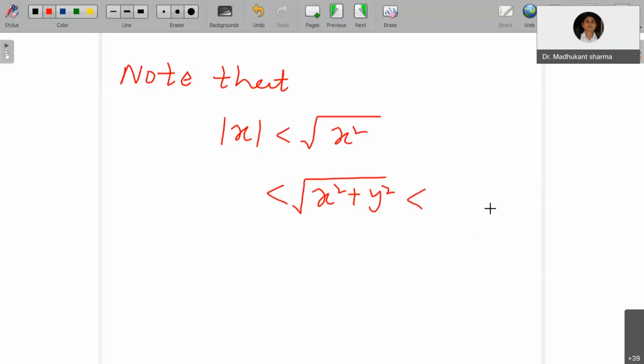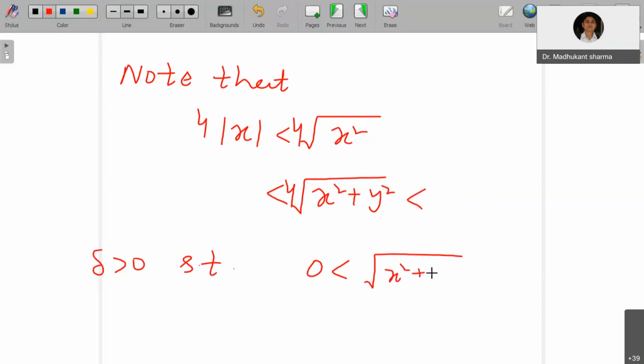We have 4 times mod x. And I wish to identify a delta greater than 0 such that 0 less than square root of x square plus y square less than delta.